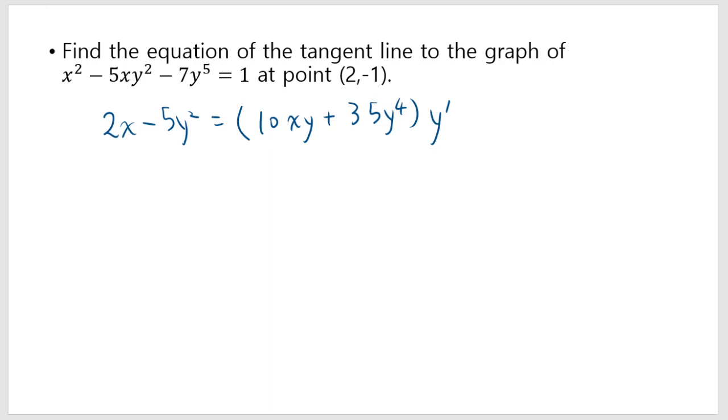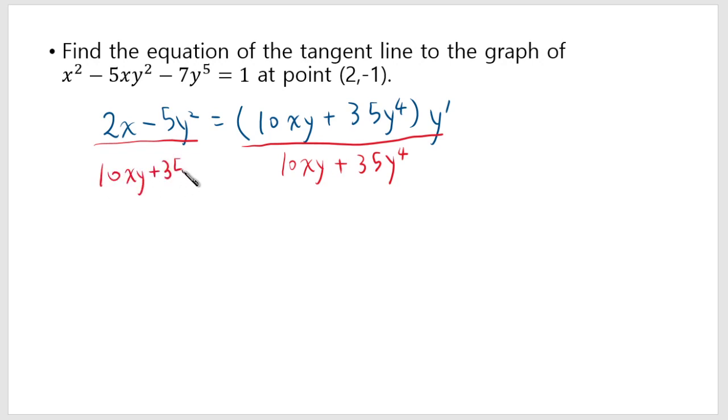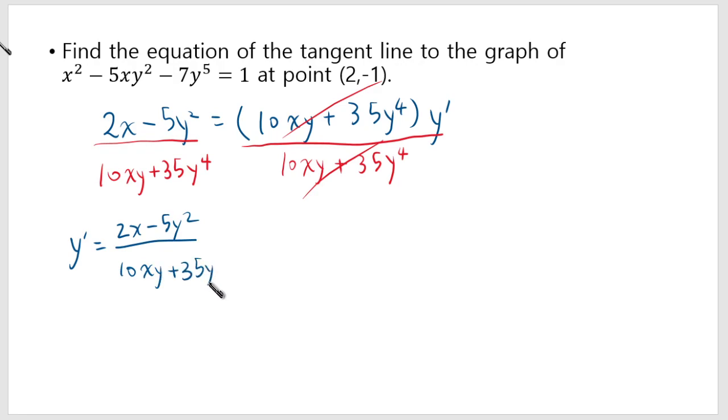And I'm going to divide both sides by this thing in front of y prime, because my goal is to isolate y prime, right? To solve for y prime means I want to isolate y prime, so this thing that's multiplied to y prime has to go, okay? So I divide that both sides, then these will cancel, and the result is that you get y prime as 2x minus 5y squared over 10xy plus 35y to the fourth.